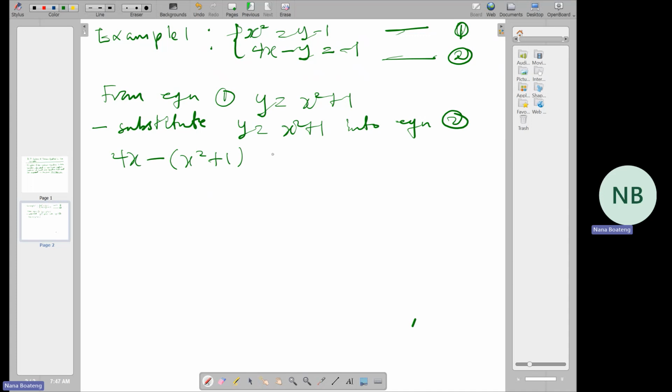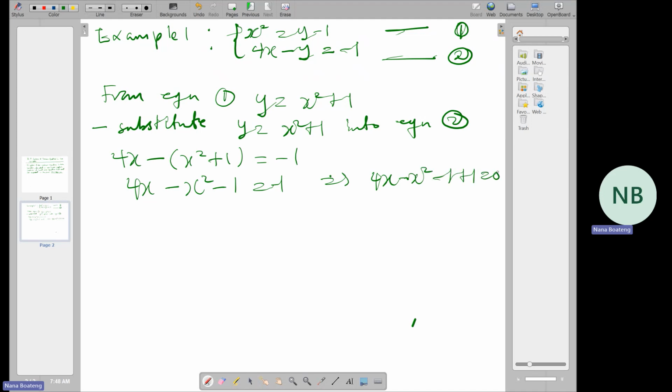is equal to -1. So we have 4x minus x squared minus 1 is equal to -1. If we add 1 on both sides, then we have 4x minus x squared minus 1 plus 1 is equal to 0.